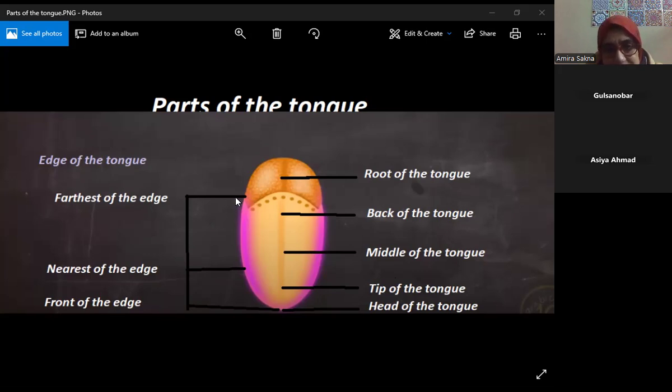Farthest of the edge, it's a little farther back than the back of the tongue, between the root and the back. Again, it's between the root and the back. So farthest between root and back. Nearest between middle and tip. Front equal to head. Fine.